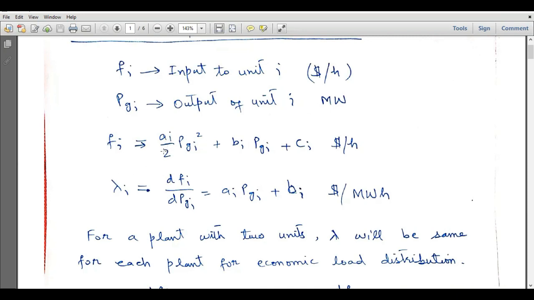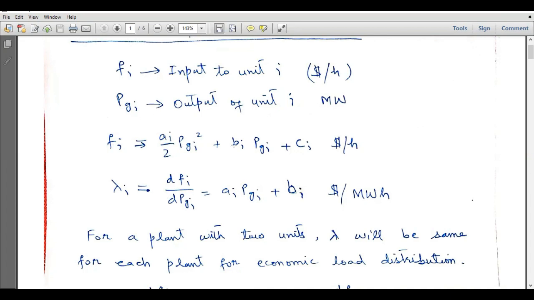So if we have divided by 2 over here and if we evaluate its derivative, then it will become ai Pgi + bi, right? So in that case we won't have any 2 over here. So that's why we already have placed a 1 by 2 term over here, so that after taking the derivative we get the simplified expression.